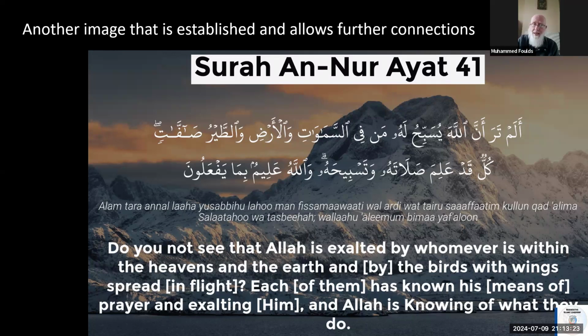And the mud is there, which means to stretch. So the image here, Allah SWT is making it clear that all of creation that we know or we don't know is praising Allah subhanahu wa ta'ala in the heavens and the earth, and then connects us to this beautiful image of birds. Birds that are soaring.